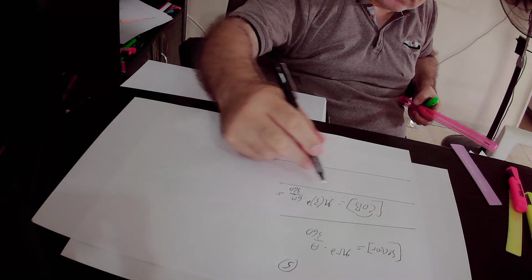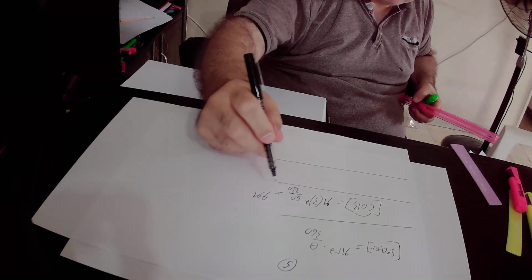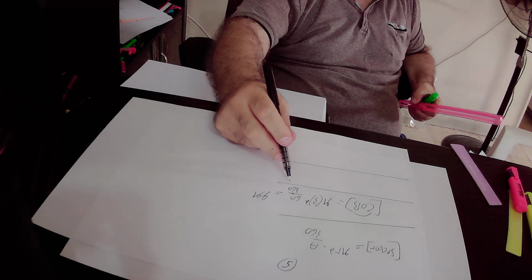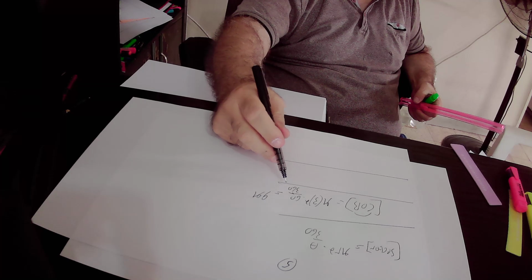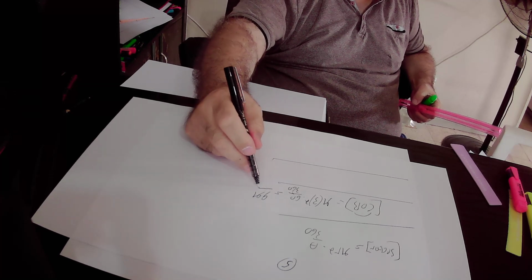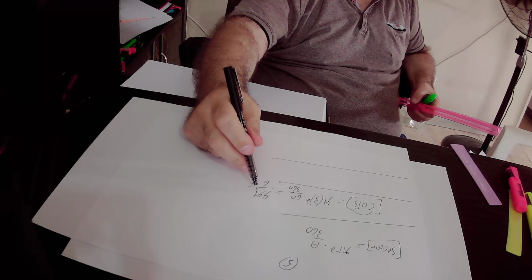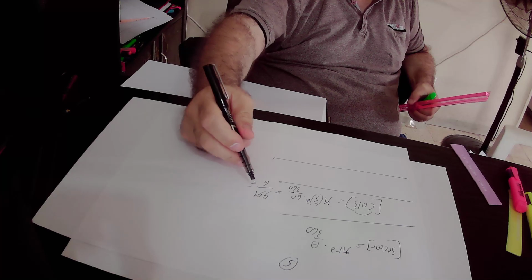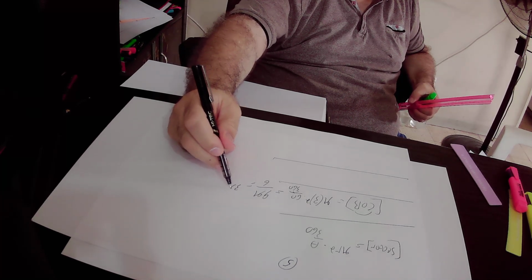3 squared is 9, so this expression in total equals 9 pi, and 60 degrees over 360 degrees is 1 over 6. So here we divide both the numerator and the denominator of this expression by 3. 9 over 3 is 3, so in the numerator we have only 3 pi.